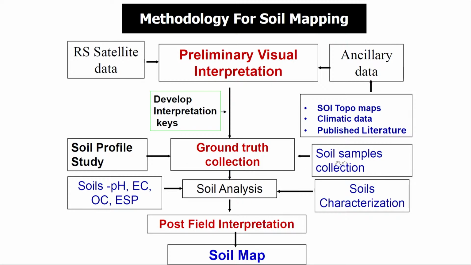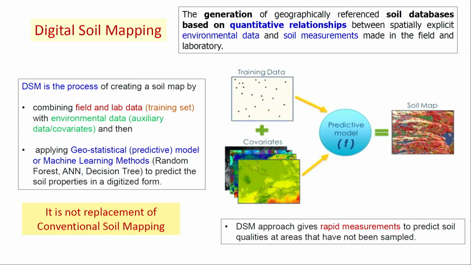So in ground truth data collection, you are collecting the soil samples and characterizing the soils. So this was the methodology for standard soil mapping, and this is the methodology one can also use for sampling for their project if they are not doing soil mapping. Now I will move to another technique which we are nowadays talking about much, digital soil mapping.